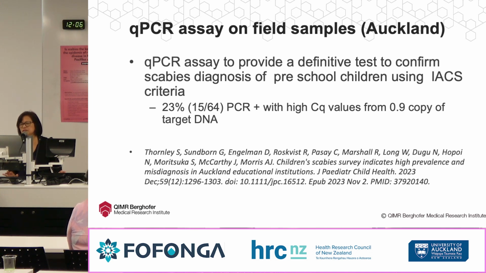So it's 0.9 copy or less, this is the highest copy number we got from the samples from the Auckland children. The results of that have now been published in this paper.